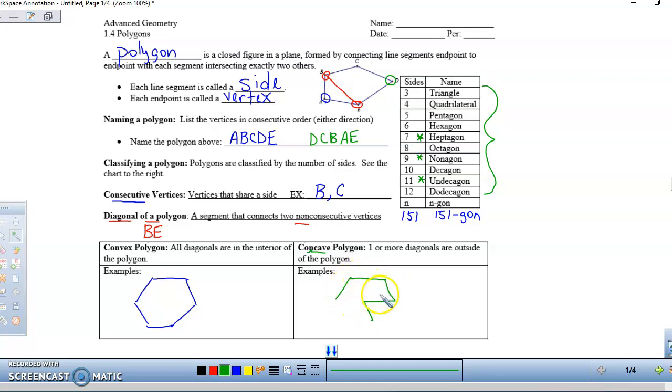So 1, 2, 3, 4, 5, and then I connected the 6th. So this caved in part, you call it a concave polygon. Now, the diagonal that's outside would be this one right here. Okay, that is connecting non-consecutive vertices, but the diagonal is outside of the polygon.